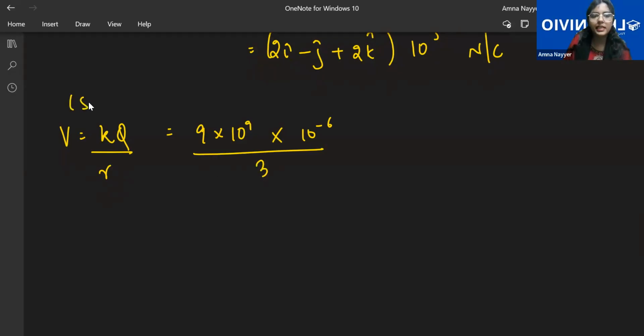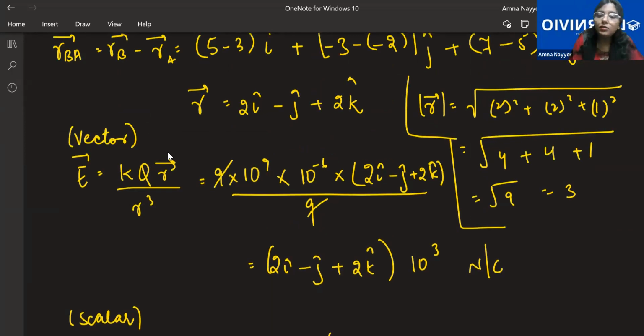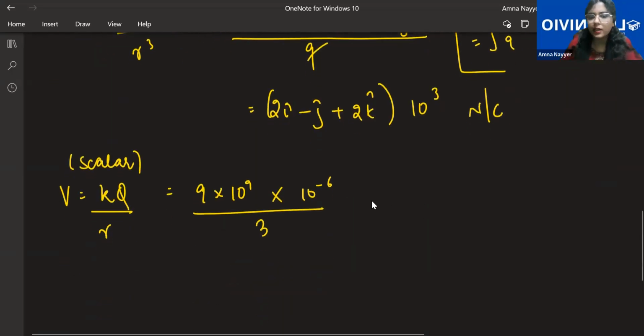Because this is a scalar quantity, you don't need to take that entire vector thing. But in electric field, it was a vector, so you can use the formula of electric vector. Now, this depends on your options, which kind of options are given. If it's given directly without these, then you have to use that. So this depends on what kind of options are provided. So this is 3 into 10 to the power 3.